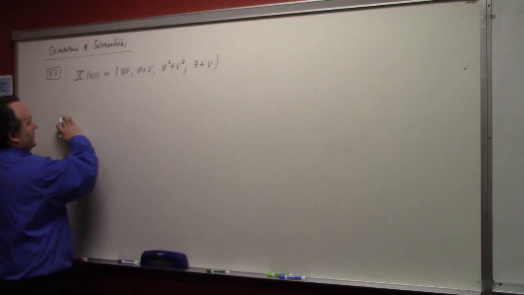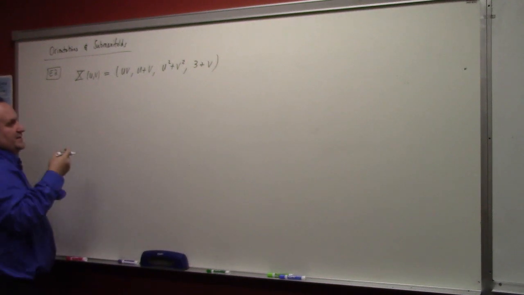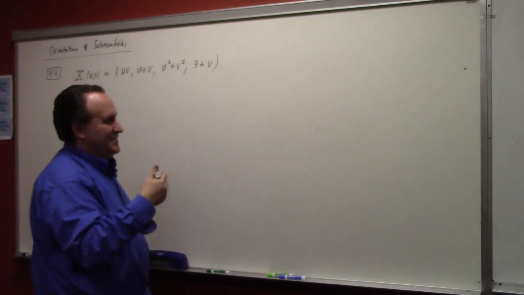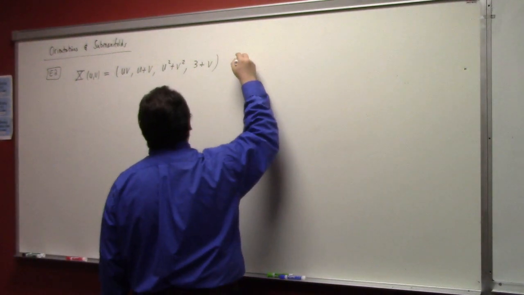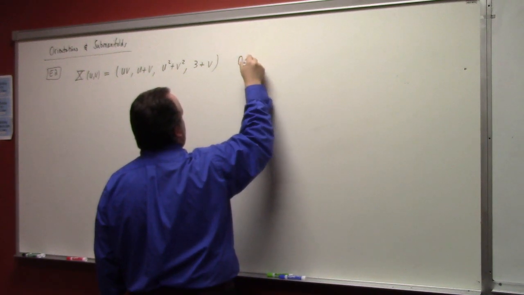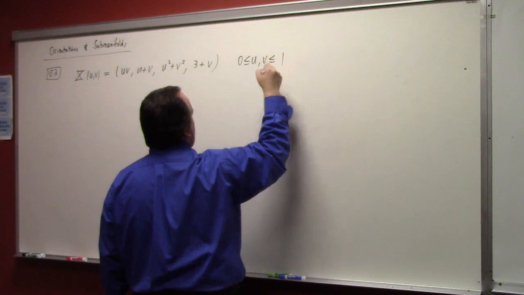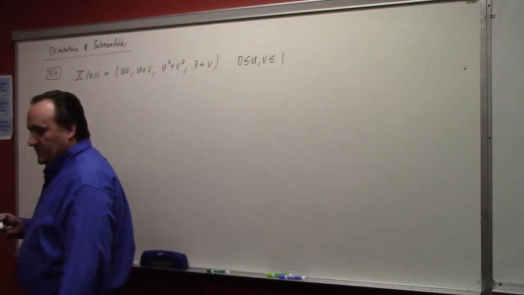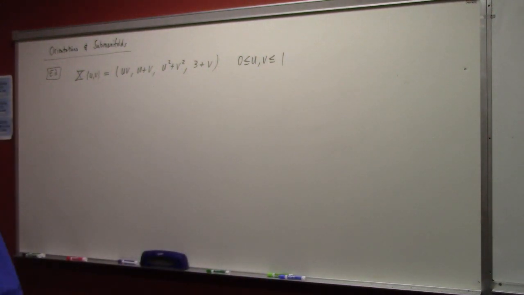And then I can take, just to keep it behaving, 0 less than or equal to u, v less than or equal to 1. That should make the integrals that will result not too onerous.